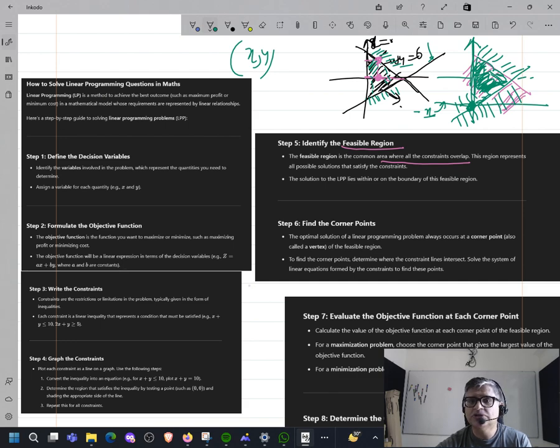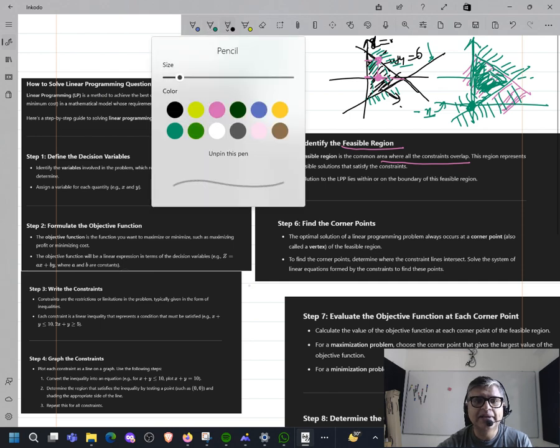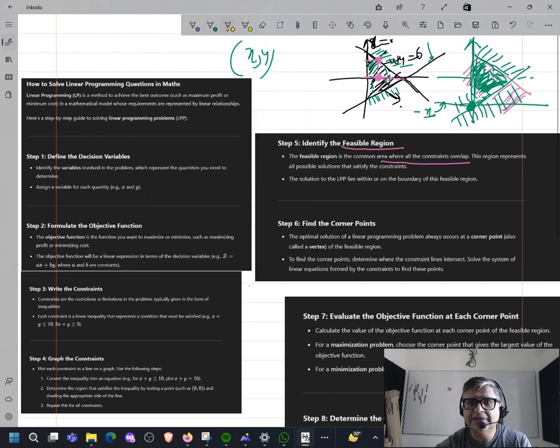We don't know what those points are, but we know it is in this area, right? I'm highlighting that area, including the boundaries. This line, this line, this line, all the x and y points are included in the feasibility, and these are the boundaries. Obviously every point has an x comma y.